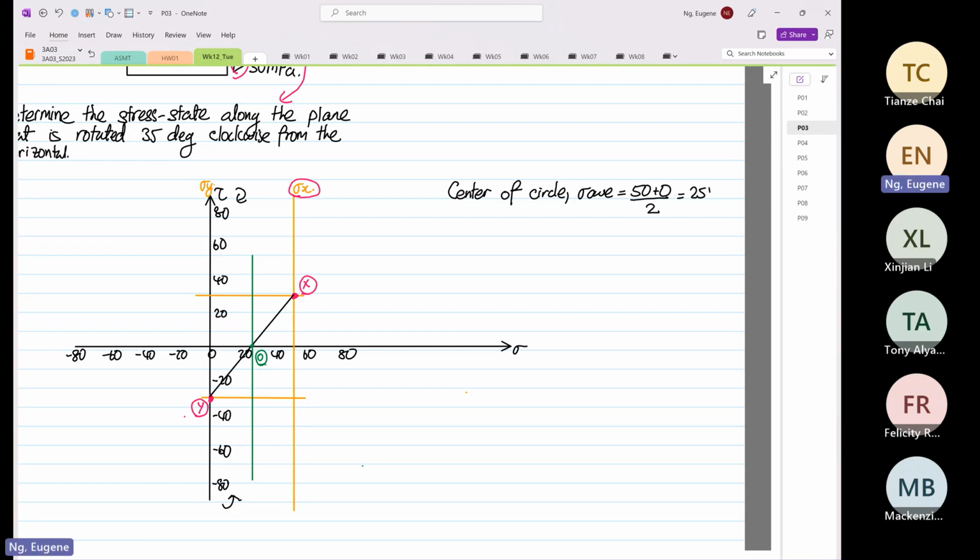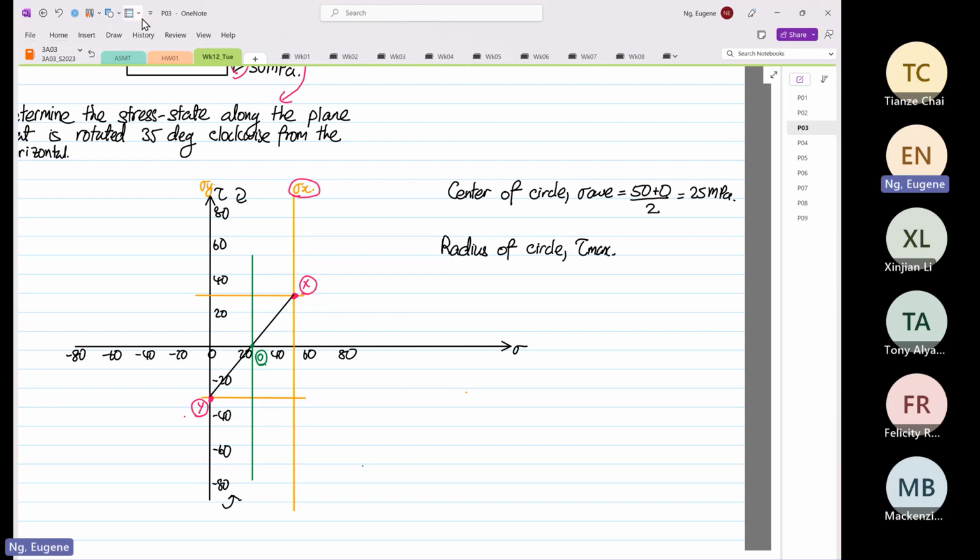This is 25 megapascal, right? We know that now. Then we also can find the radius of the circle, which is your tau max.